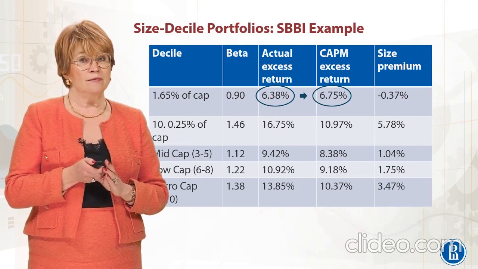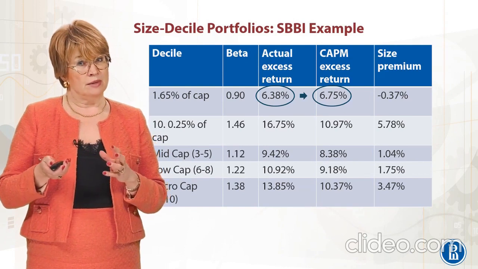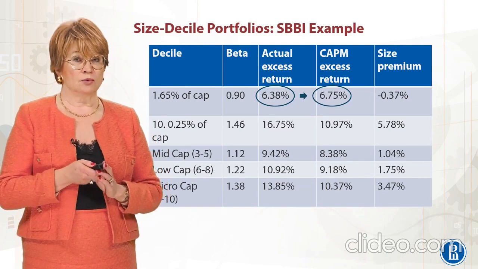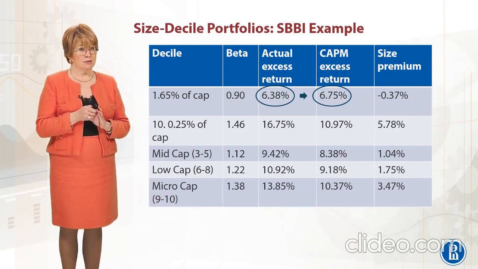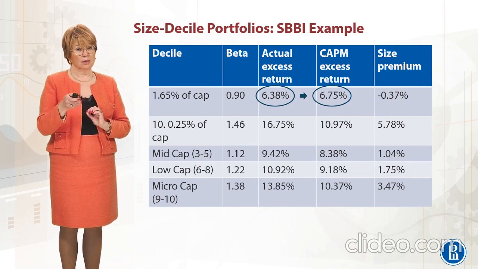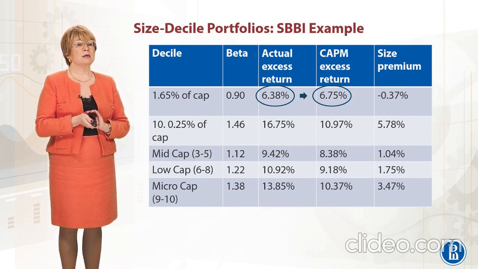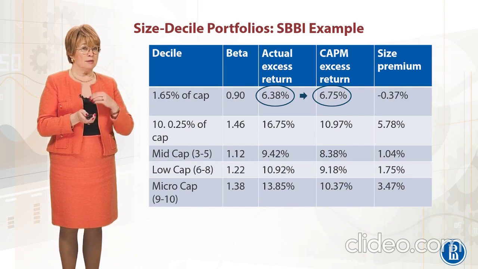Next, if we apply, following the logic of Ibbotson Associates, the capital asset pricing model to compute their expected rates of return, they are shown also here in the column with the CAPM excess return.